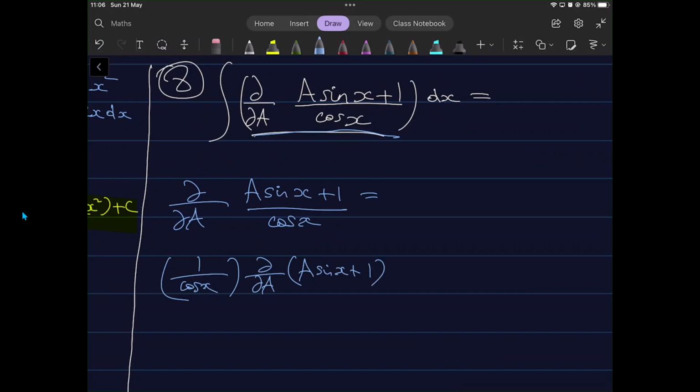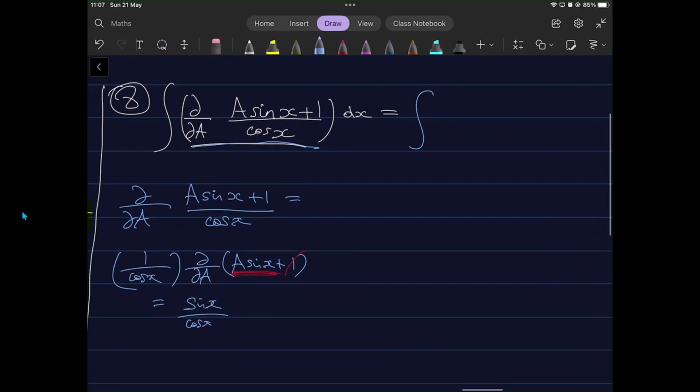The derivative of 1, a constant, disappears when you differentiate it. Differentiate a sine of x, where sine of x is a constant, you end up simply differentiating a, and you get 1. Multiply that by sine of x, you get sine of x. So this partial derivative simply equals sine over cosine.